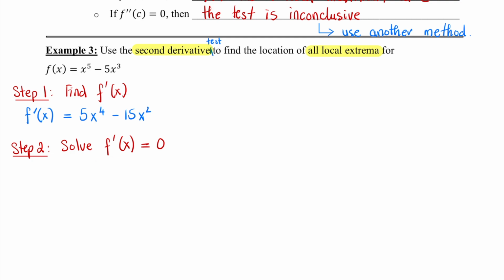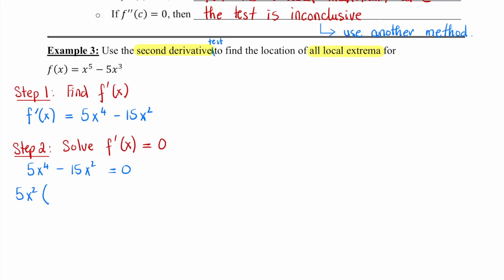Step 2, we set the first derivative equal to 0 and solve for x. So we have 5x to the fourth minus 15x squared equals 0. From here, we'll factor out 5x squared times x squared minus 3 equals 0.